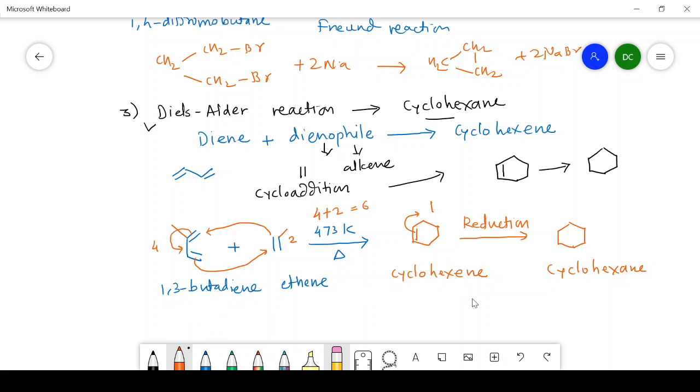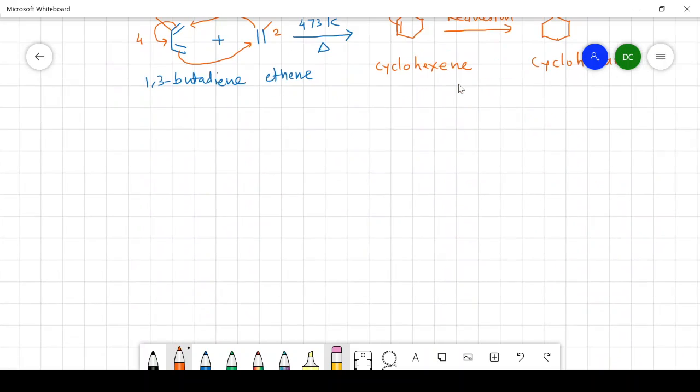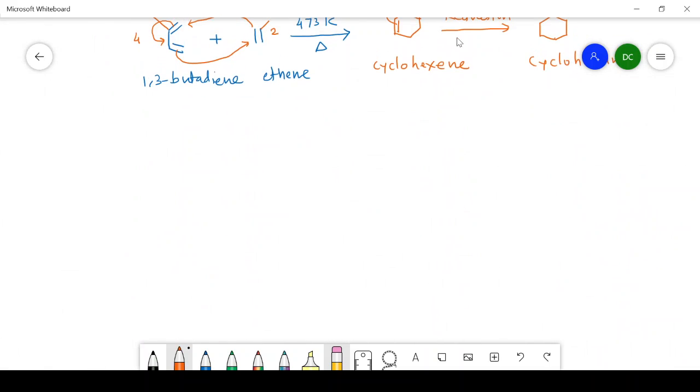Now the last method of formation is reduction of aromatic compounds. The fourth method, reduction of aromatic compound. In the reduction of aromatic compound, we will take the example of phenol, and then we will take the example of benzene.